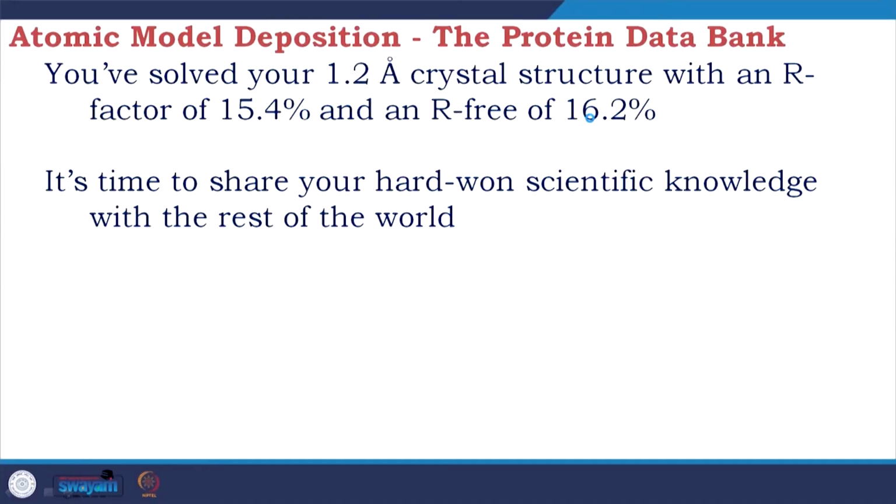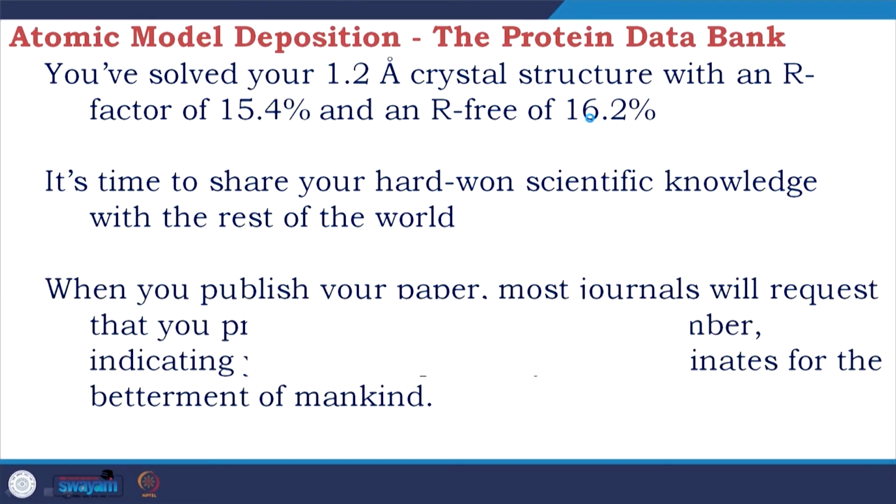So, now we have done everything. So, let us deposit the model in the protein data bank. So, you have solved your 1.2 angstrom crystal structure with an R factor of 15.4 and R free of 16.2. It is time to share your hard earned scientific knowledge with the rest of the world.